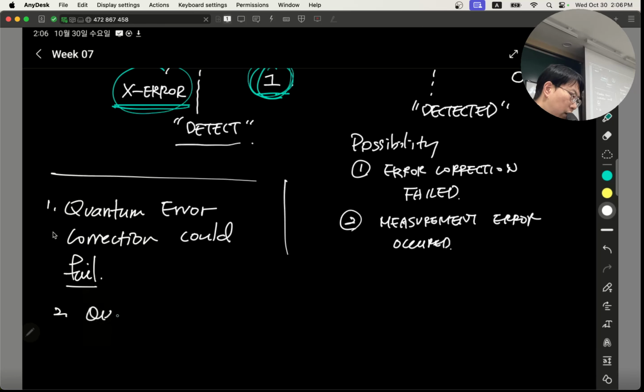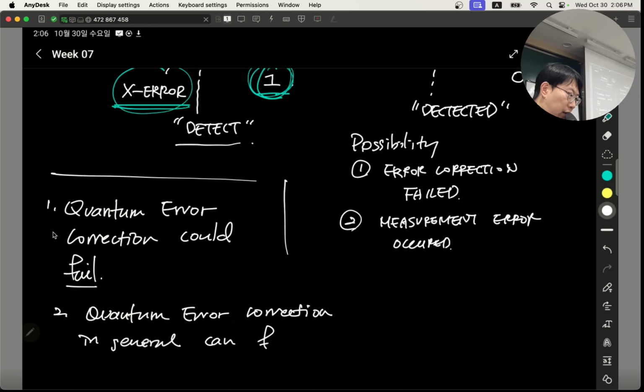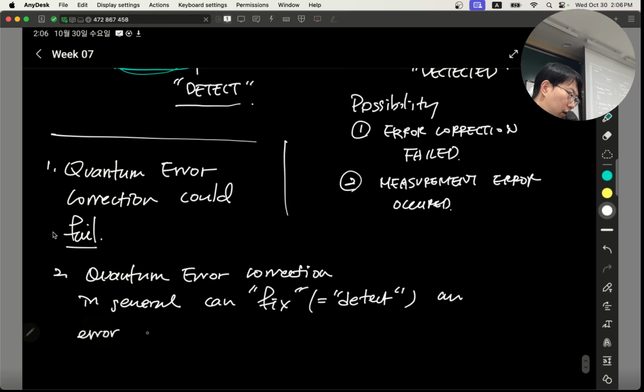And quantum error correction in general can fix, or rather detect, an error of a certain size.